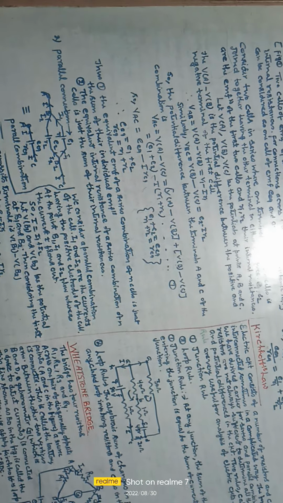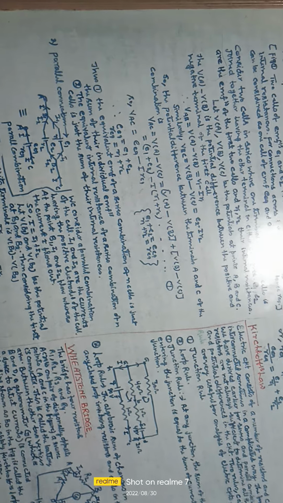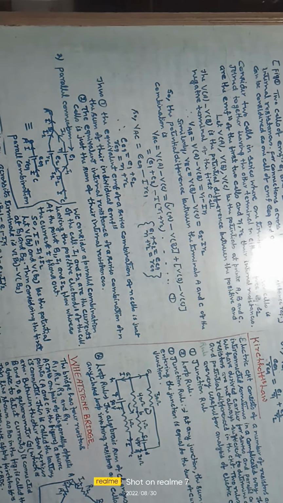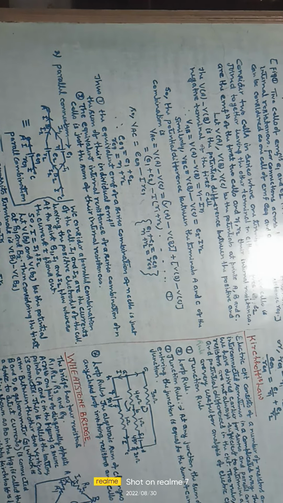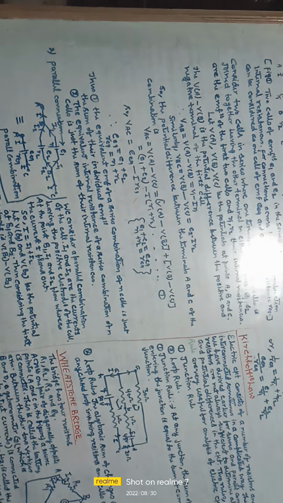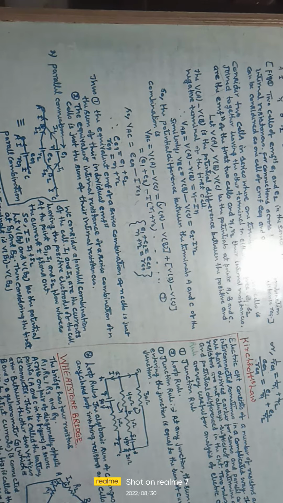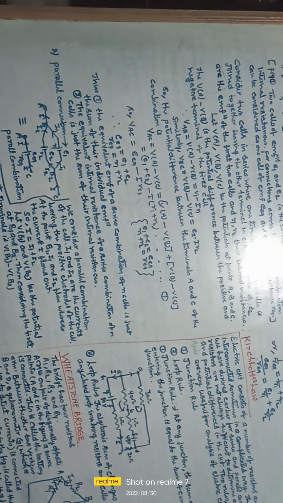Let VB1 and VB2 be the potentials at B1 and B2. Then considering the first cell, the potential difference across its terminals is VB1 minus VB2. So V equals VB1 minus VB2 equals E1 minus I1 R1.